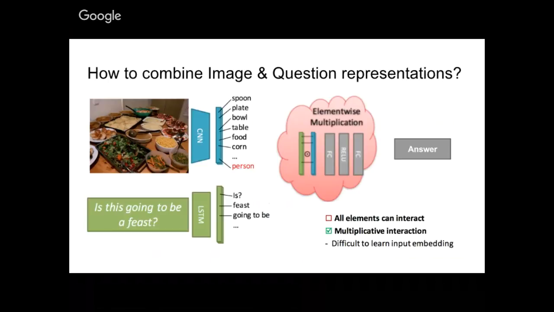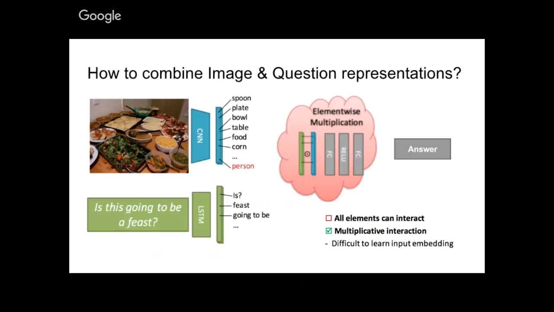So in this case, it's difficult to learn the input embedding, which means it's difficult to make each of the components of each vector mean the same as the corresponding component in the other vector. The models need to know that the first element of the two vectors corresponds to the same information, and the same for the second element, and so on for all the elements.